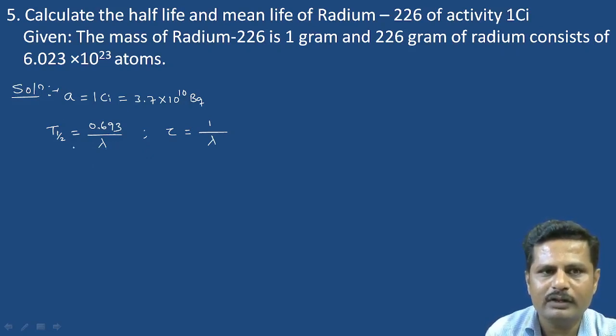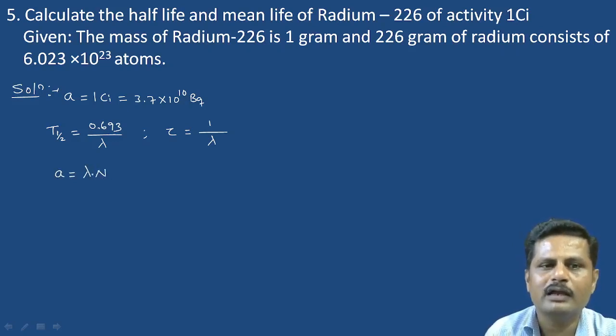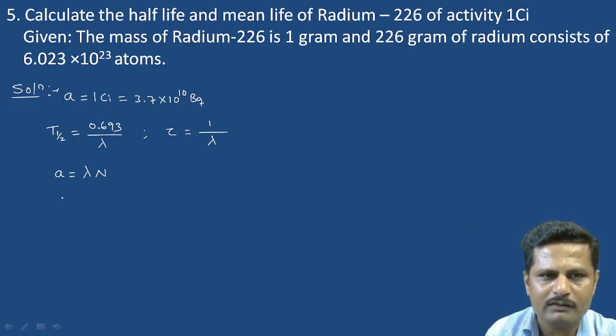Here we have activity A, the rate of disintegration of radioactive substance, which is equal to lambda N. So lambda is equal to A divided by N. Now substitute the value of A, that is activity 3.7 into 10 to the power of 10 becquerel.